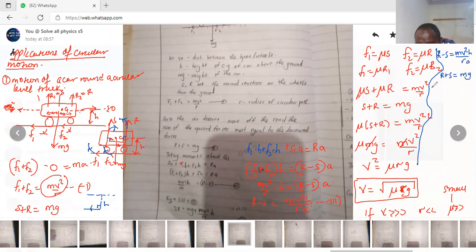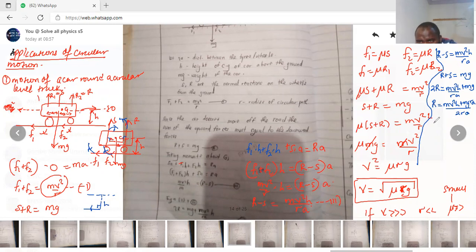When you merge the two, you'll get 2R is equal to mv squared H over RA plus mg. Then the normal reaction R is going to be equal to mv squared H plus mg RA over 2RA.